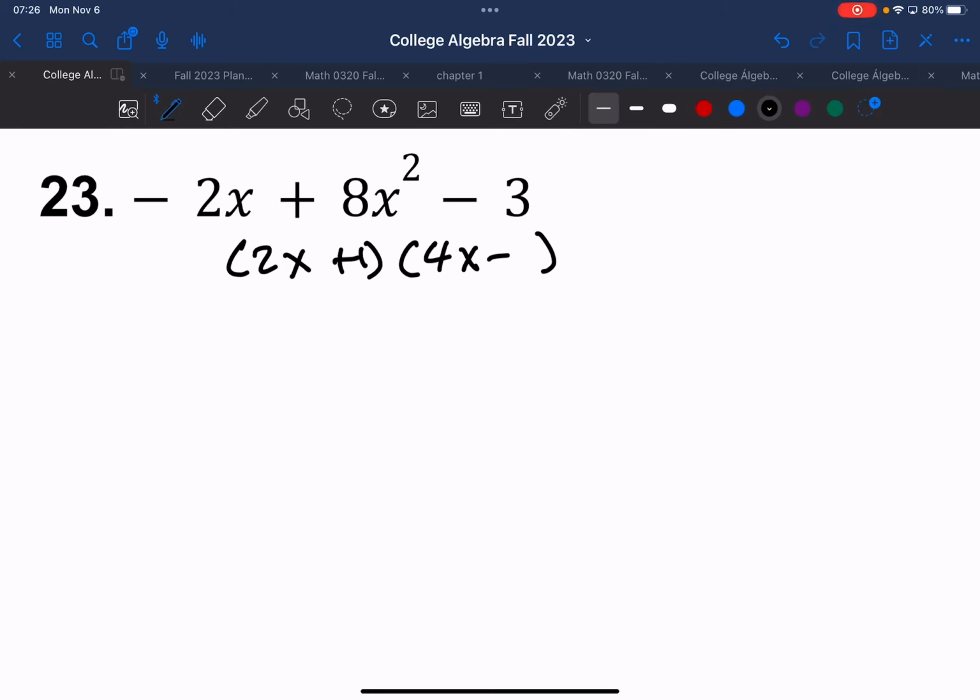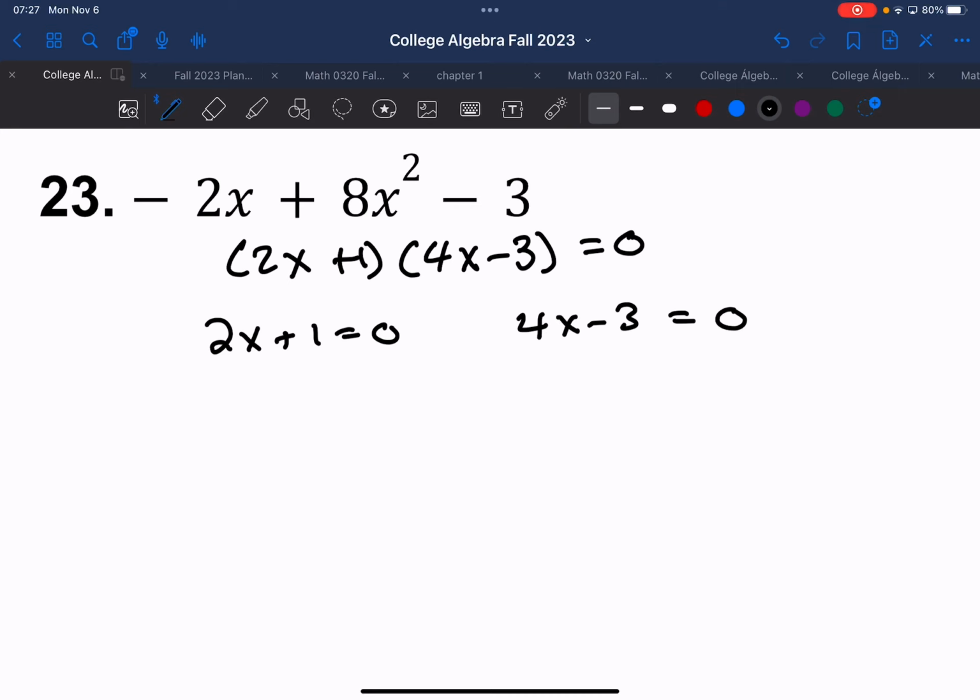And I just rewrote it. Okay. So we're going to set this equal to 0, and that tells us what? Oh, I've set everything equal to 0. Correct. So 2x plus 1 equals 0. 4x minus 3 equals 0.